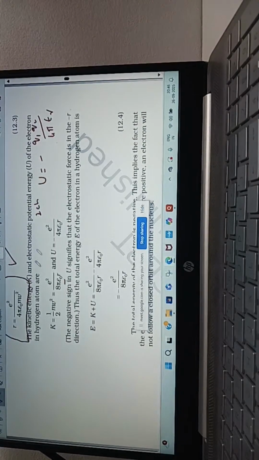This is how you got the potential energy. W by Q is equal to V. This is the formula, na? V is what? Minus Q by 4 pi epsilon naught r. This is the second chapter.